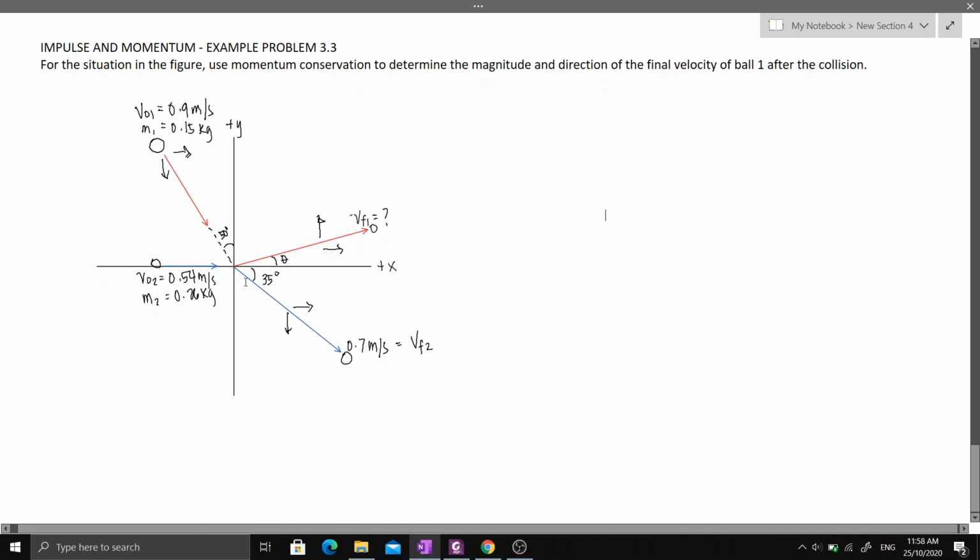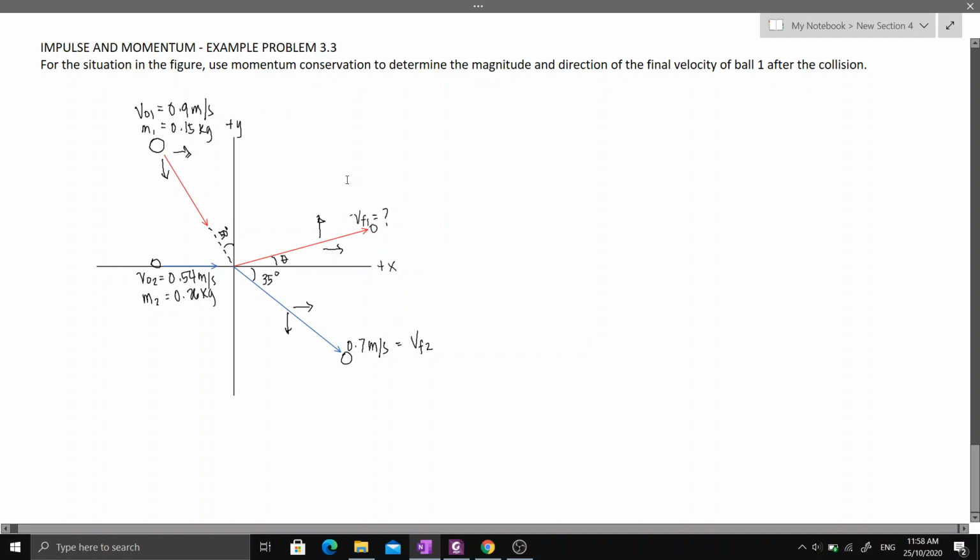And for ball 2, the final velocity is 0.7 meters per second. So we are asked to find the magnitude and direction of the final velocity of ball 1 after the collision. So that is v sub f1 and the angle theta.